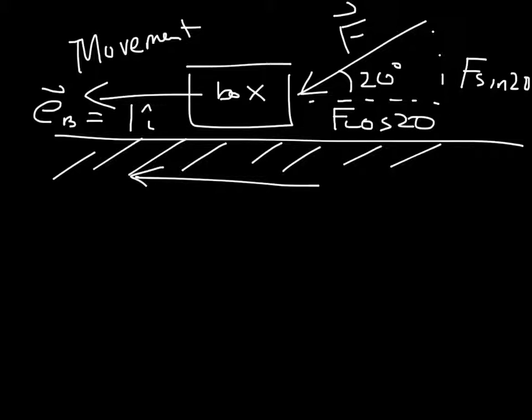So, in order to find the reaction, the projection as it were, you just take F dot E, calling it B for box.